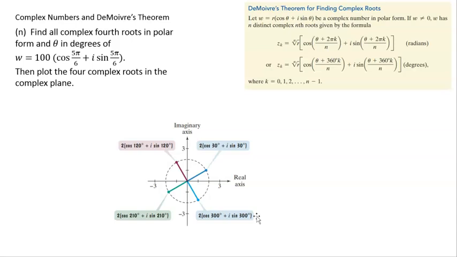These are 4 distinct roots, so this is another 4th root problem, and look how they're all 90 degrees apart, or pi over 2 apart, and the modulus is all 2 in this case. If it was a 5th root, it would divide the circle up into 5 equal angles. So it's kind of cool, something to think about, maybe a way to check your roots to see if they're correct.